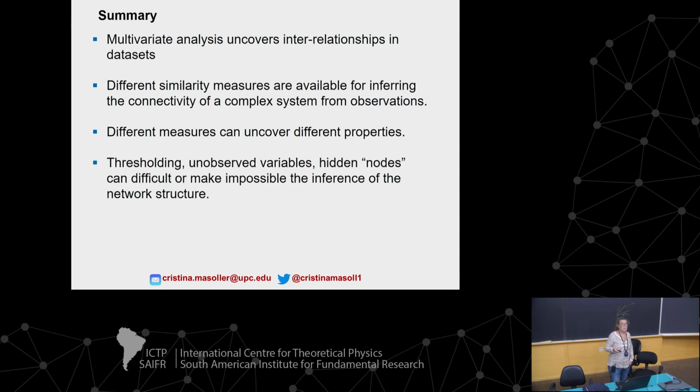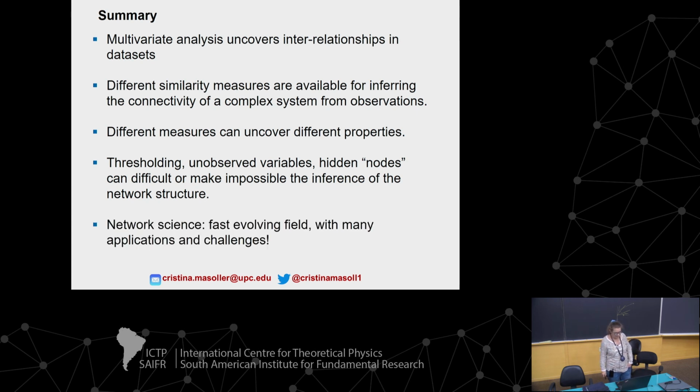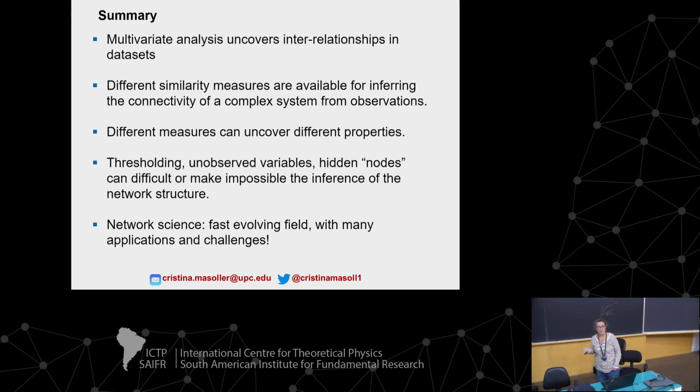If you have to use thresholding, if there are unobserved variables, some hidden nodes, all of them make it very difficult to recover the structure of the network. This is very fast evolving, and you need to keep up with the literature because papers are coming all the time. And new methods, especially in simplicial complexes, is a highly active research area.